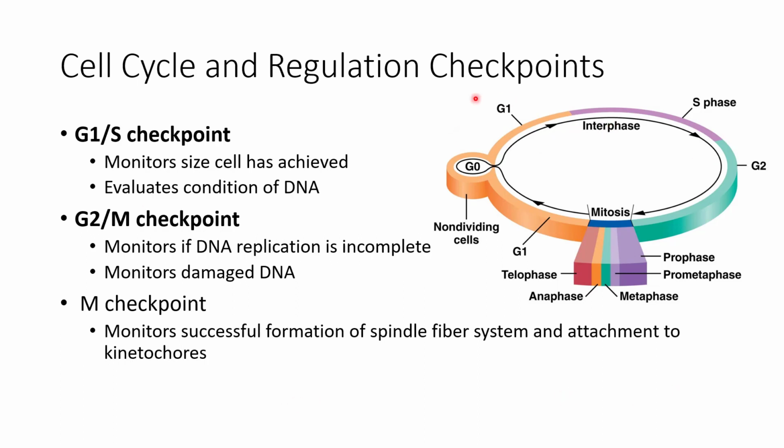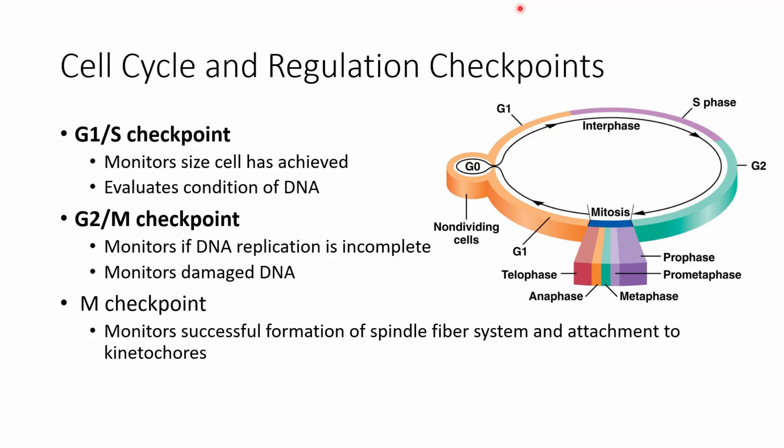Now, what dictates when we move from gap 1 into S, or from S into gap 2, or even from gap 2 into mitosis? There are cellular checkpoints in which the cell is monitoring its own condition and deciding whether it goes into S phase or mitosis.